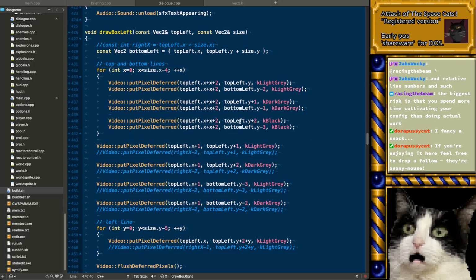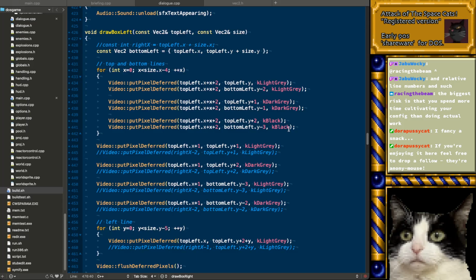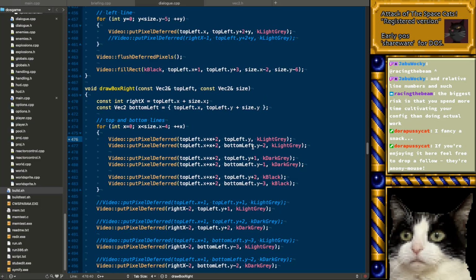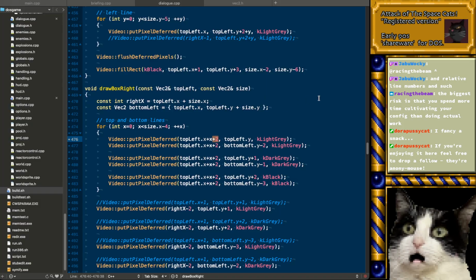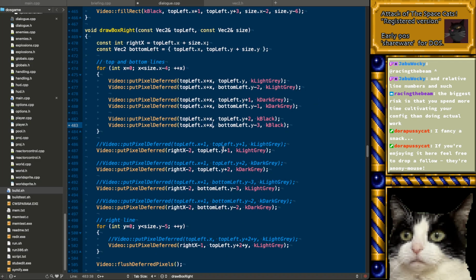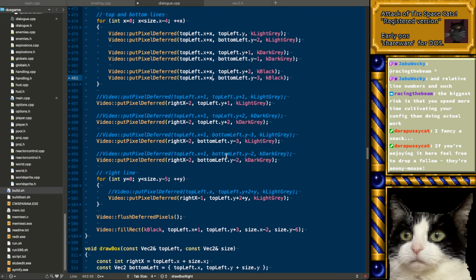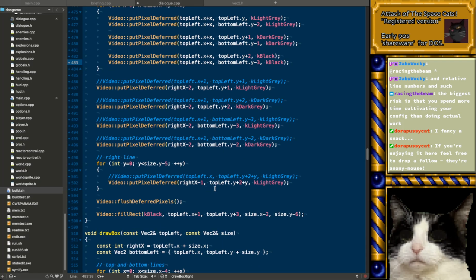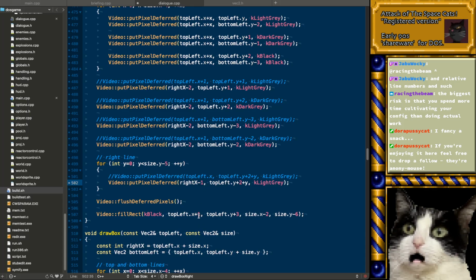So, because we're accounting for the size of the corner, which we don't need to. X minus 1. Oh yeah, that's right. It's the U that's probably wrong.